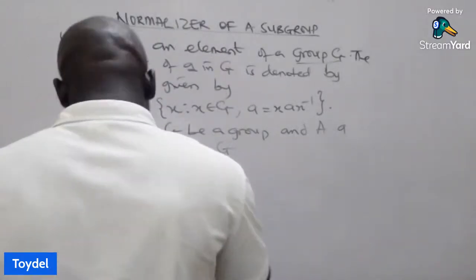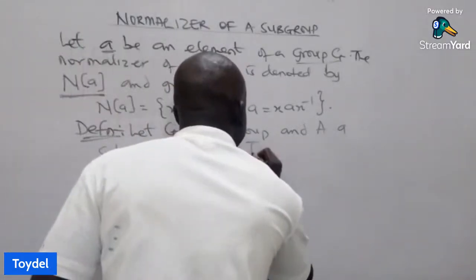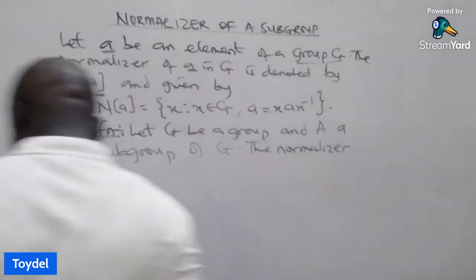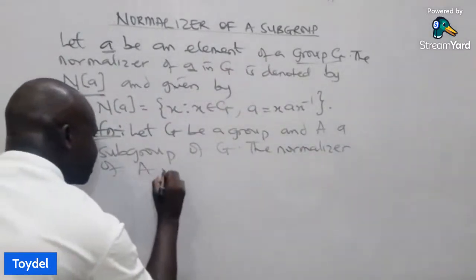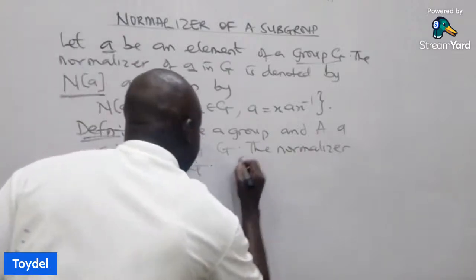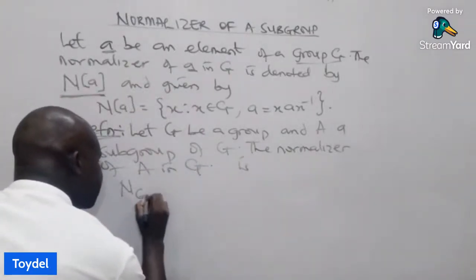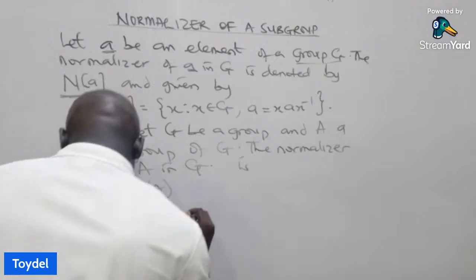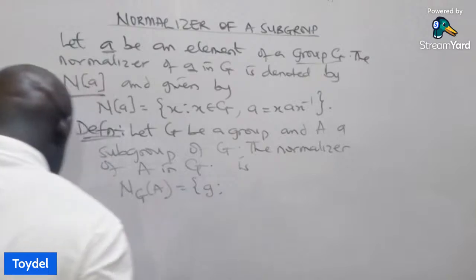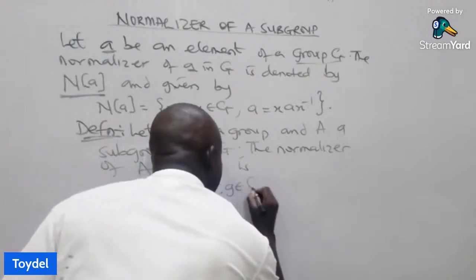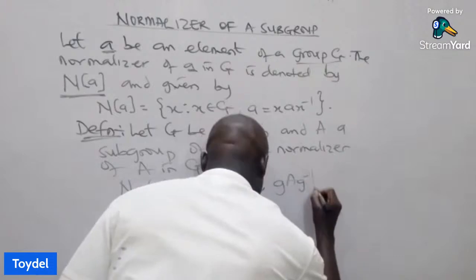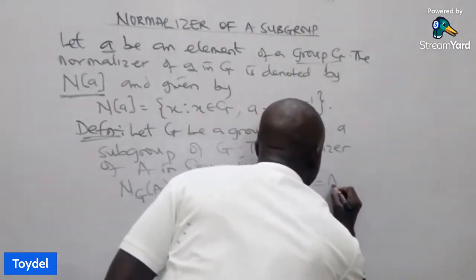So the normalizer of A in G is N_G(A), and is defined as the set of g that belongs to G such that g A g inverse is equal to A.